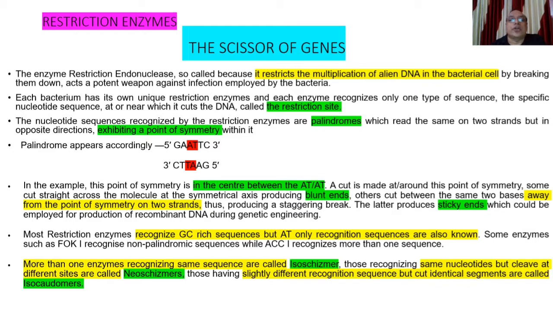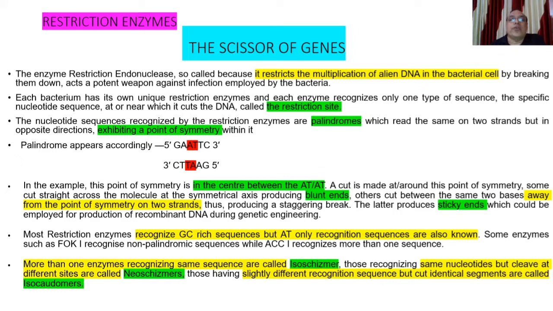So what are the restriction enzymes? These enzymes are endonucleases. We know that there are two types of nucleases, endonucleases as well as exonucleases. Exonucleases cut the nucleic acids at their terminals, whereas endonucleases make a cut in the interior of the DNA or RNA fragment.